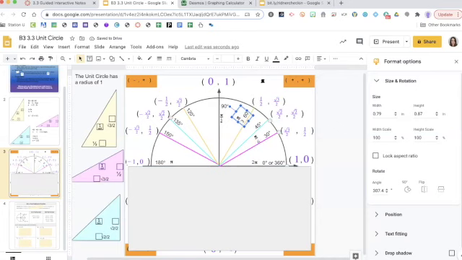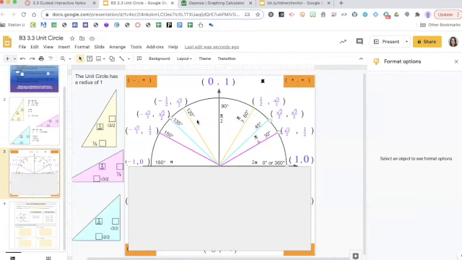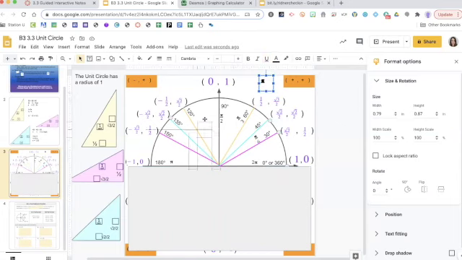Okay, just like 3/6 is 1/2. 4/6 is 2/3. And then the pink one down here would be 5/6.